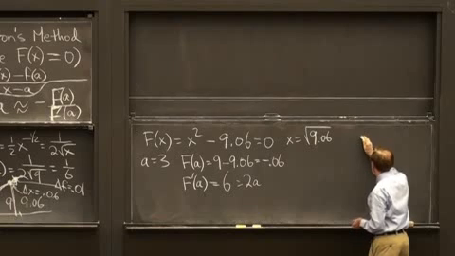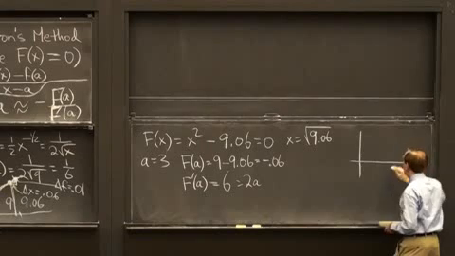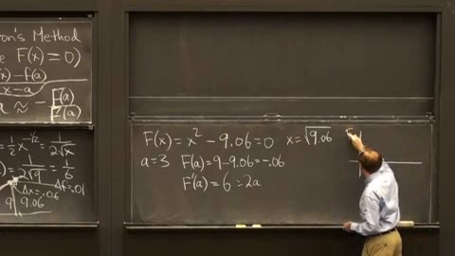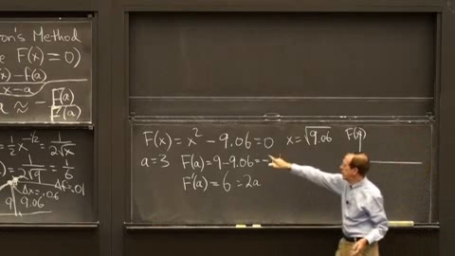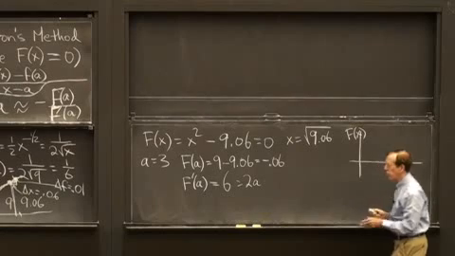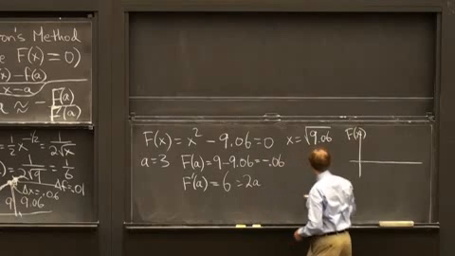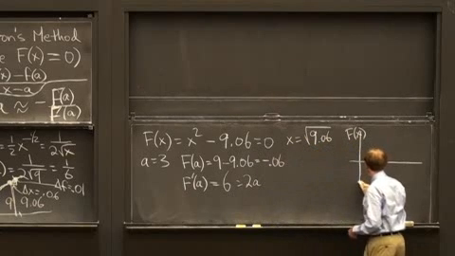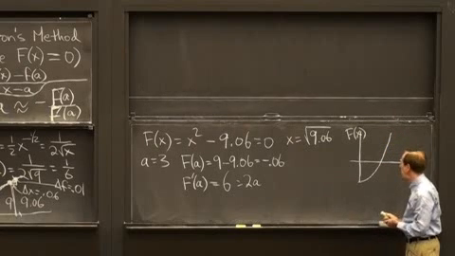Actually, if you want a picture, it's quite interesting to see the picture. Let me graph this f of x now. What does my function f of x look like? X squared, that's a parabola going up. It starts somewhere down here and curves up like so.